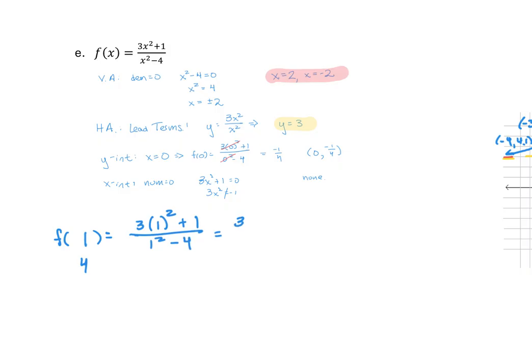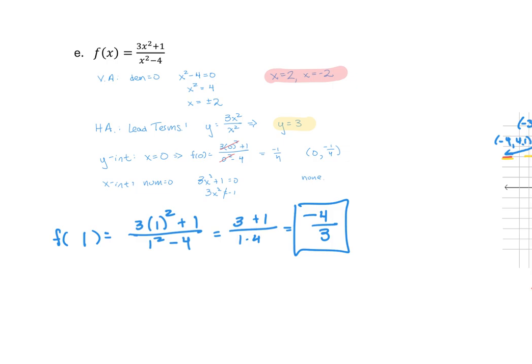This gives us 3 plus 1 over 1 minus 4, which is 4 over negative 3, and I'm just going to move my negative to the numerator or the front. You do not have to write it as a mixed number, and so this is the answer that we would want to plug into the homework problem.